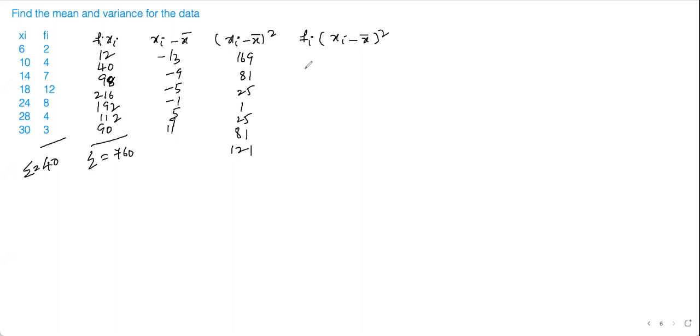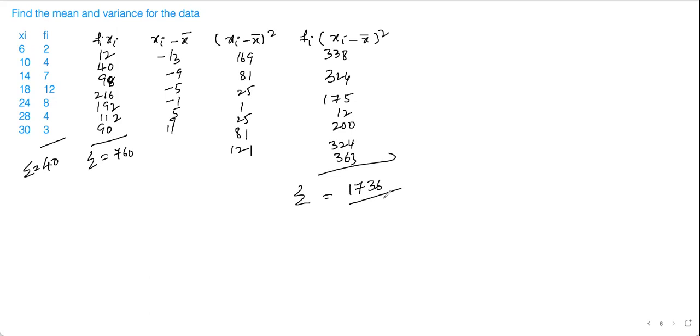Multiplied with fi, that would be 338, 324, 175, 200, 324, and 363. The summation of this would be 1736.